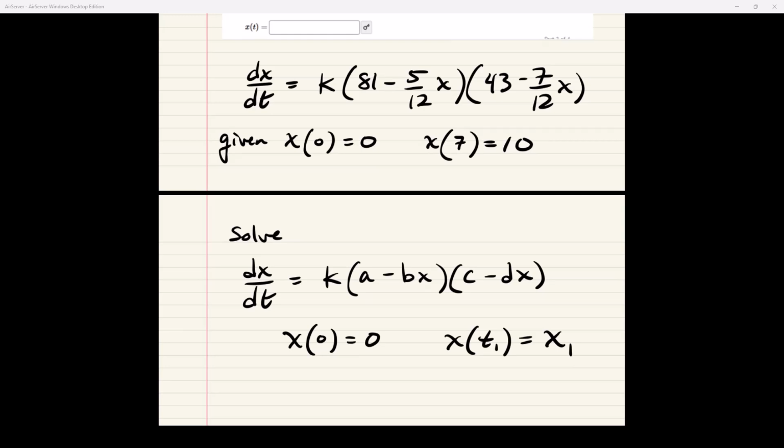So I'm going to solve this general problem, and then we can go back and plug in the numbers. In this instance, this is 81.